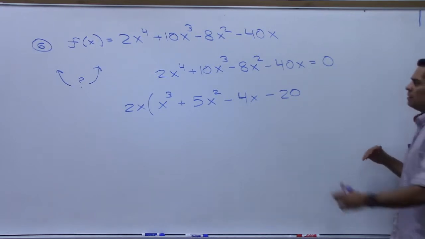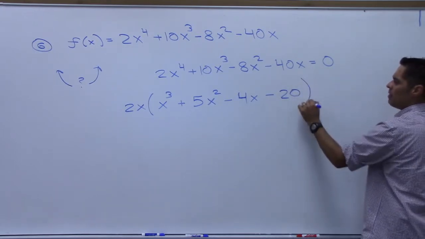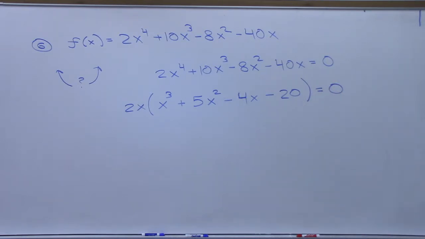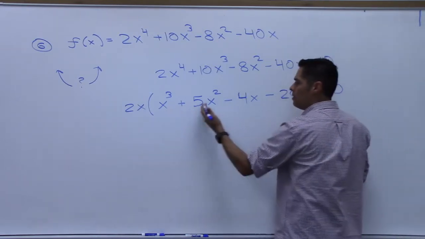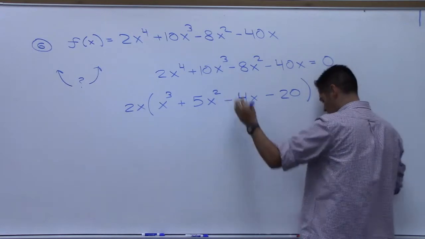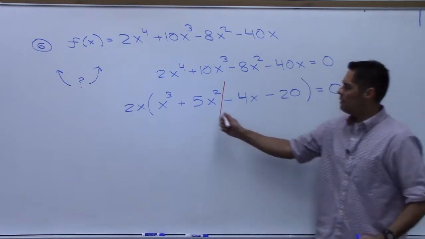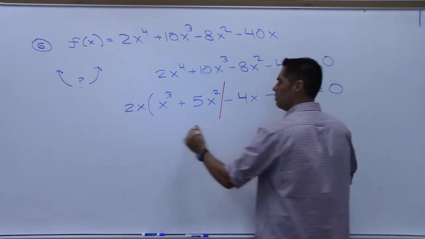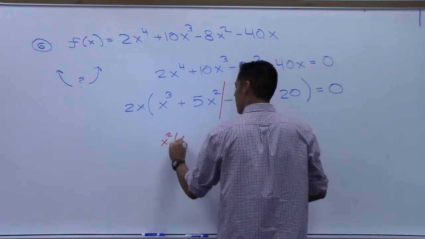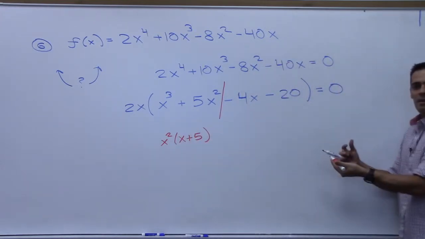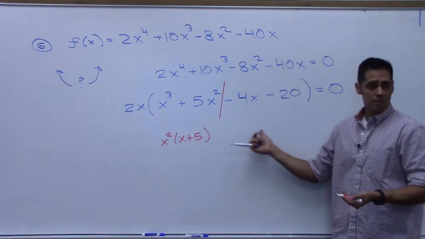Okay. Is this right? I'm pulling out a 2x right now? Yes. And then on this part in here, because you have 4 terms, you do grouping. So you split it right here, and then you pull a GCF out of these two. I can pull x squared out, and I'm left with x plus 5. Over here, what we need to do is get something that comes out that will leave us with an x plus 5.